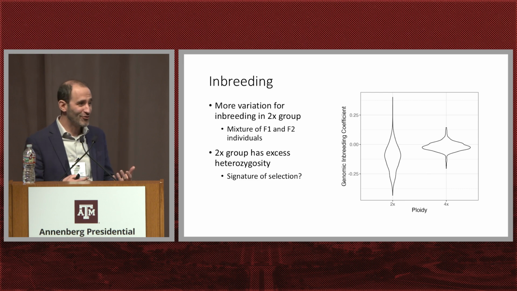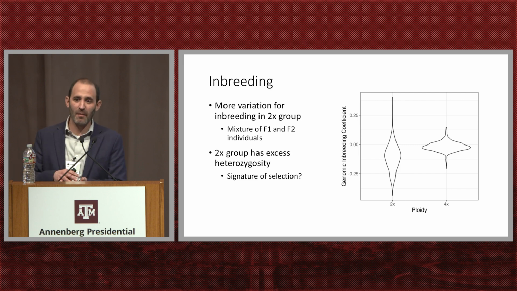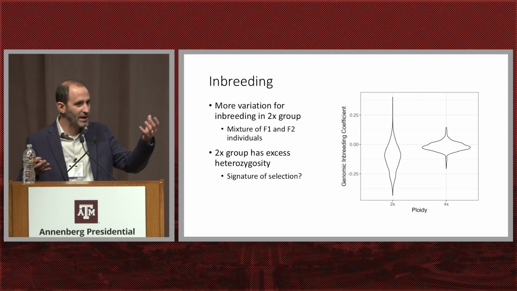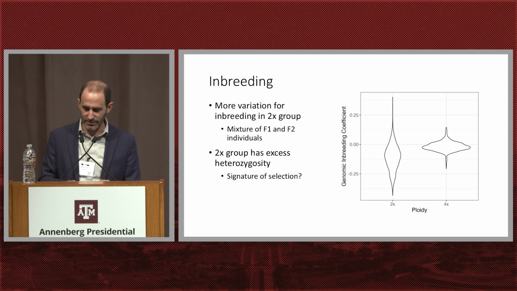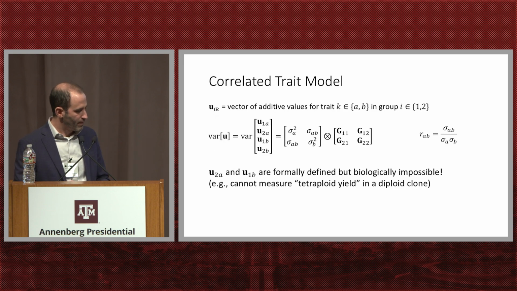And I think the implication is that even just in the process of generating these diploids, those that have excess heterozygosity are benefiting from some complementation of deleterious alleles, and that's why they are surviving long enough to even make it into our genotyping and field programs. There's tremendous genetic load in the potato genome.